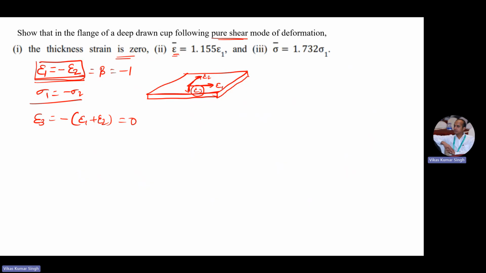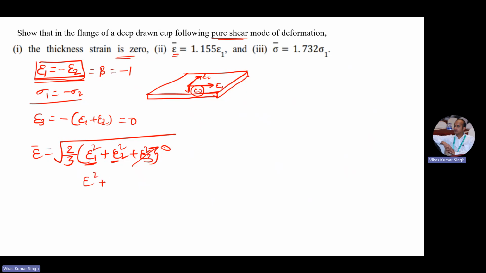The second part: what is the effective strain? The effective strain epsilon bar is equal to the root of 2 by 3 times (epsilon 1 square plus epsilon 2 square plus epsilon 3 square). Now you know epsilon 3 is 0 in case of pure shear mode, and epsilon 1 and epsilon 2 are equal and opposite, so the square gives plus.